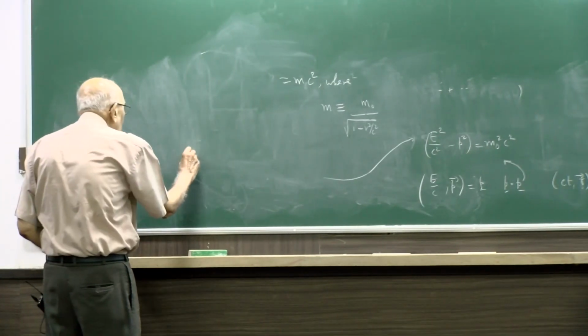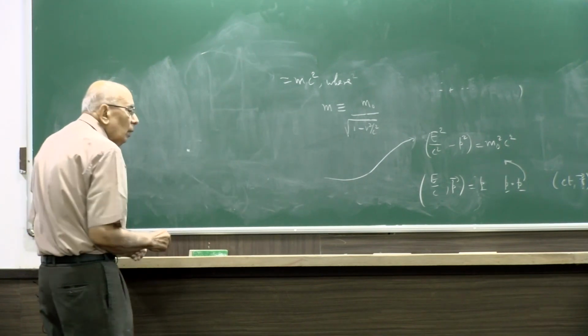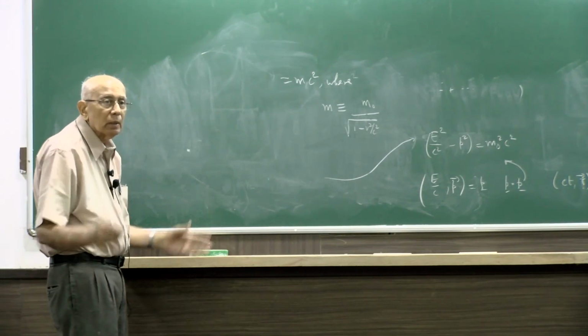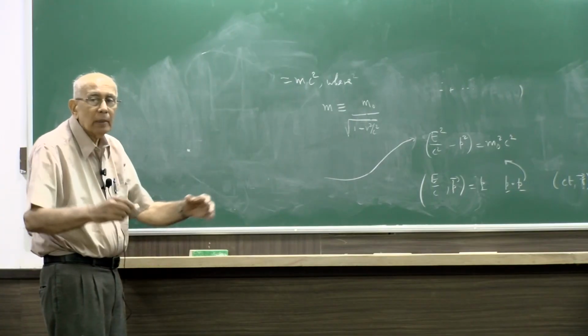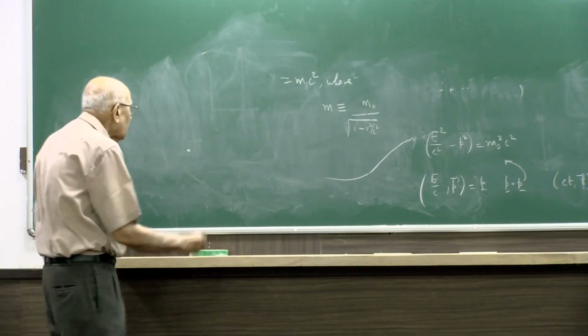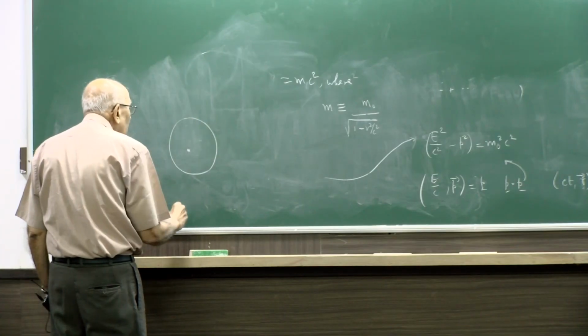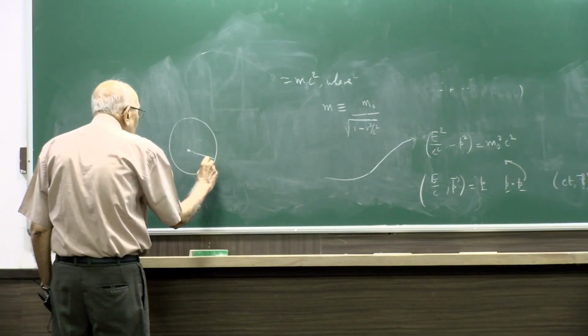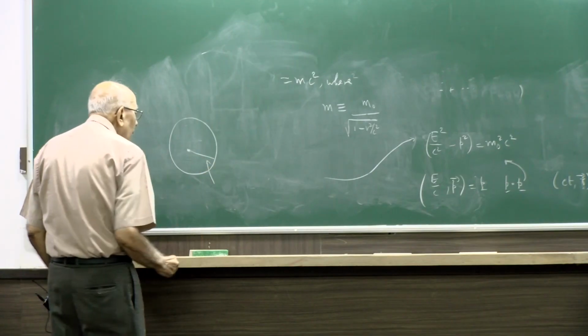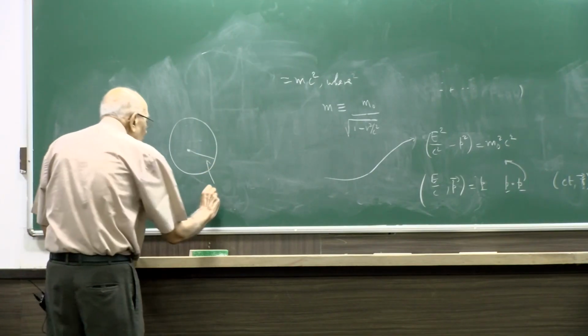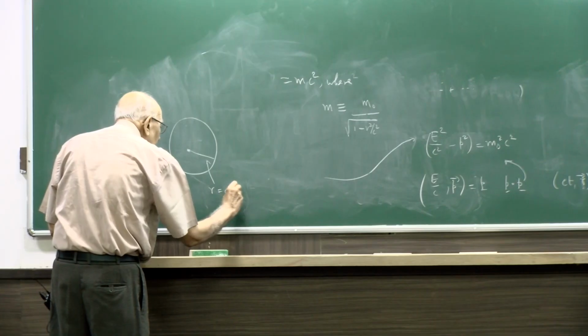So here's my origin of coordinates. At t equal to 0, I flash a beam of light in all directions in space. So it propagates out in spherical waves. And at some time t after the start, the wavefront will be out here. And the radius of this wavefront will be r equal to ct.